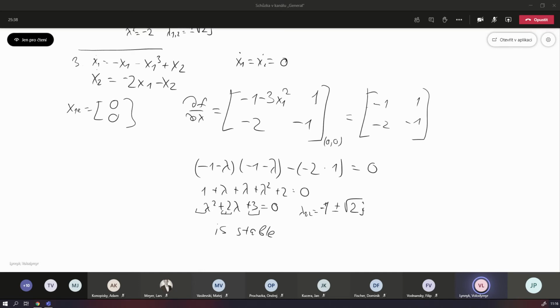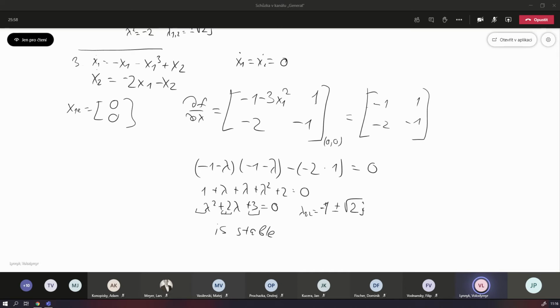Okay, for example, when you solve the tasks from the written test, then you need to say exactly which kind of stability the system has in this case.